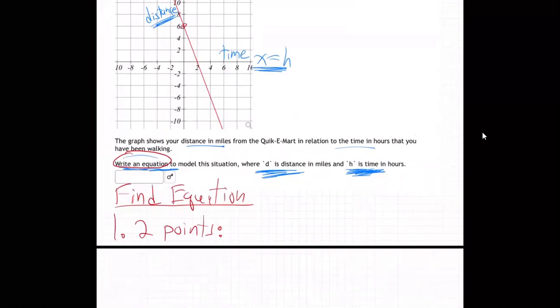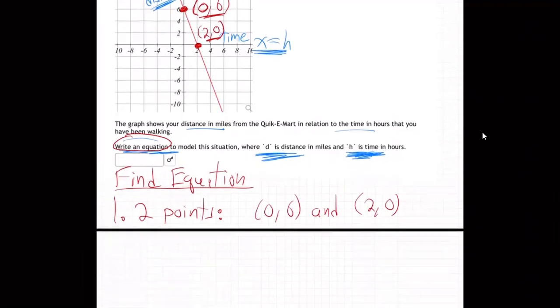I'm going to grab these two. These guys look easy. This is over 0 up 6. I like things with zeros in them. Makes life easier. And this one here is over 2 up 0. So there's my 2 points. I'm just grabbing those dots off the graph. 0, 6 and 2, 0.